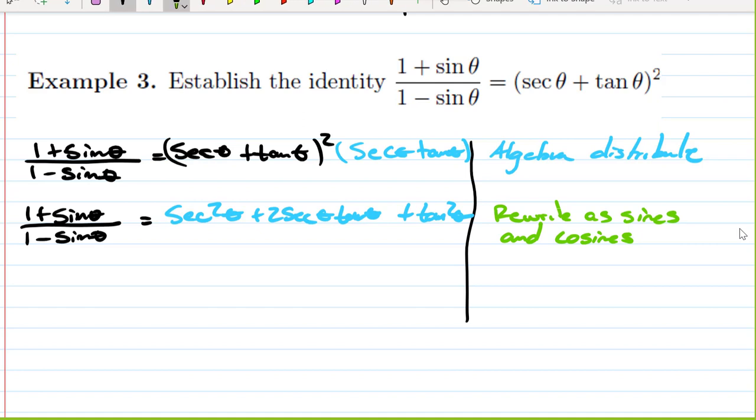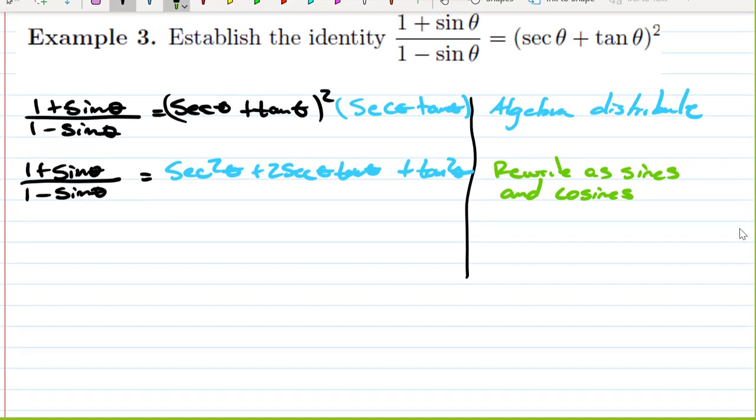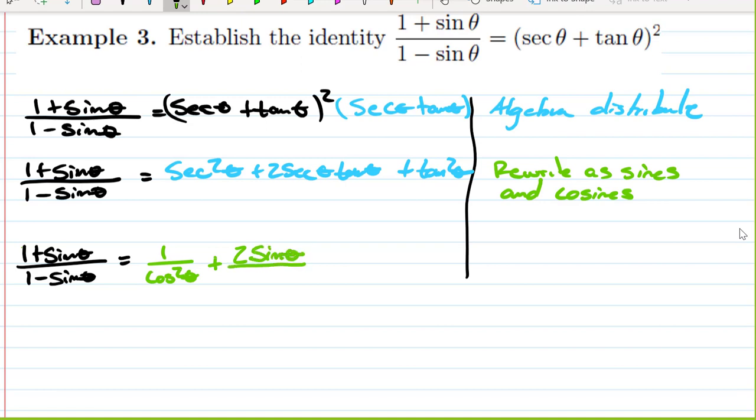Secant is 1 over cosine, so we're going to have 1 plus sine theta over 1 minus sine theta is equal to 1 over cosine squared theta plus 2 sine theta over cosine squared theta, since secant is 1 over cosine and tangent is sine over cosine.